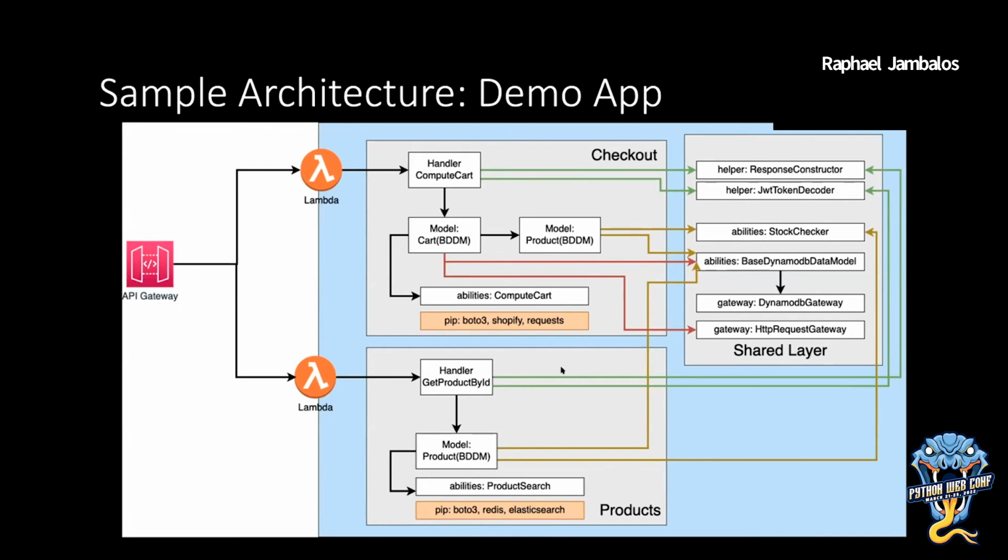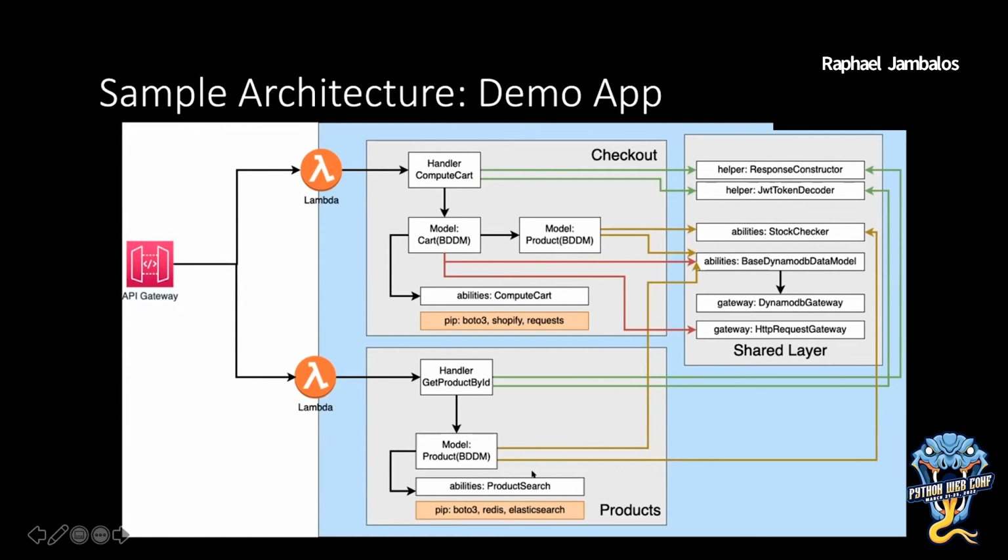So essentially, we are able to store some of our code in a shared layer. I do recommend all handlers and all models should be inside the service. If you notice, we have two products. It's okay to duplicate the products, but if you have abilities that you share, for example, the product needs a DynamoDB data model and stock checker, you need to put that in the shared layer. Just inherit it.